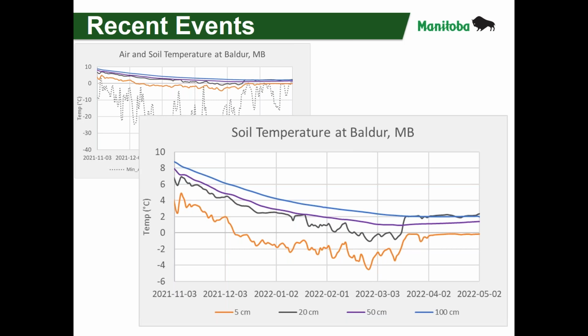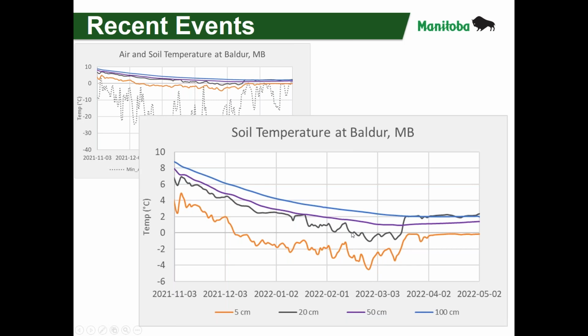Something you would notice is that at 5 centimeters, again, we would expect that it will be frozen at some point. So at this location, the 5 centimeter was frozen just around early December. However, the 20 centimeter did not get frozen until around mid-February.